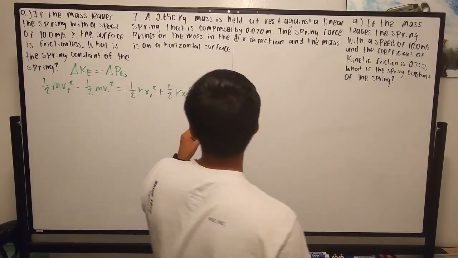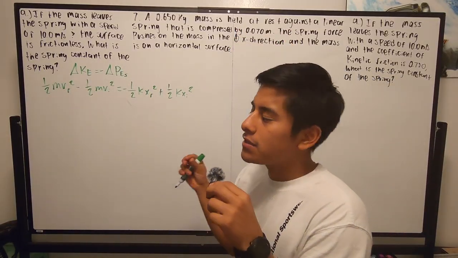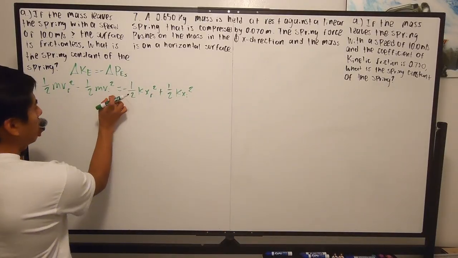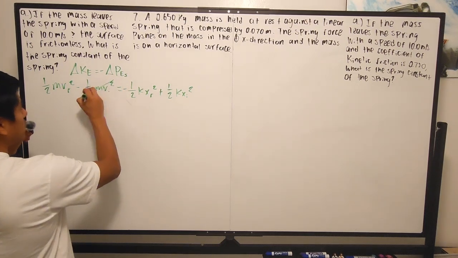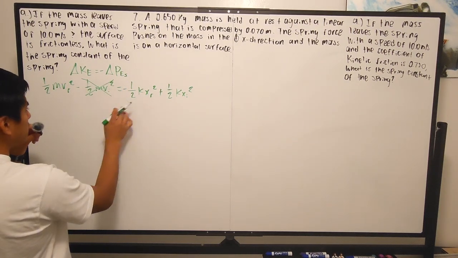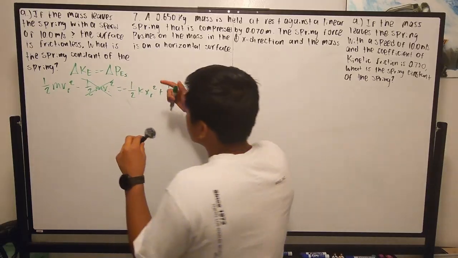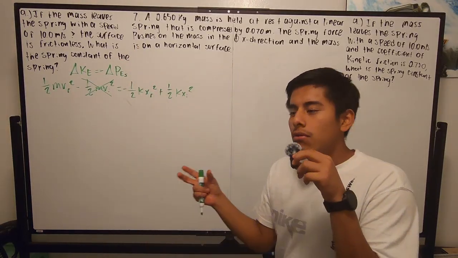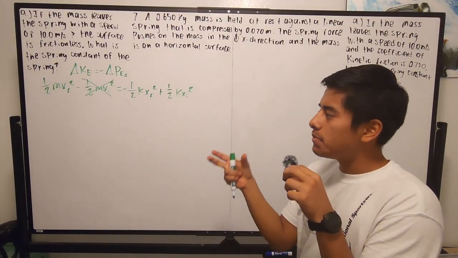And since we know that it is held at rest, the initial velocity of this mass is going to be 0. So if I were to plug in 0 here, it would make this whole thing 0, so I could just cross that out. This negative will go away as well. And I also know that once the mass leaves the spring, it is no longer going to be compressed anymore, so it's not going to be displaced.